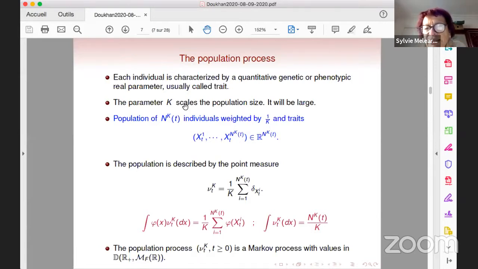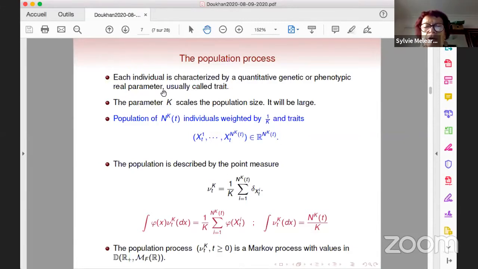I will assume that, since I have a very, very large number of individuals, the resources are fixed, and then the biomass could be represented by 1/K. So each individual will be weighted by 1/K, and each individual has a trait. At time t, I describe the vector of traits of my individuals alive at time t, which belongs to R to the power N_t, the number of individuals in my population at time t.